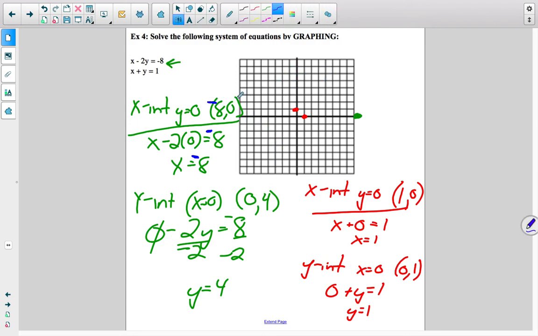Oops. So that should be right there. So here, I'm going up 4 and right 8, or up 2 and right 4. So here is that first line.